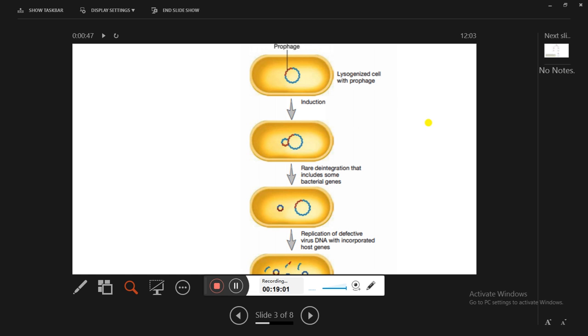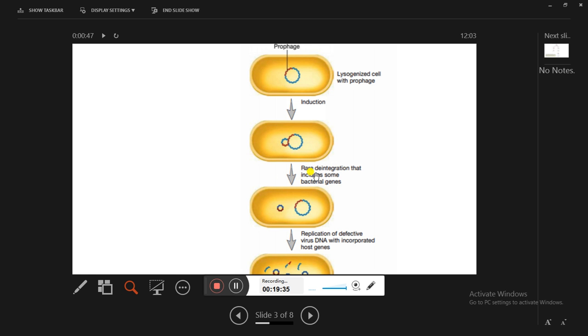So at the time of excision, this prophage excises with some of the region of bacterial genome. Here the prophage has taken up bacterial genome, and the bacteriophage's prophage genome has either the galactose or biotin utilization genes. Rare disintegration, meaning excision of the phage genome from the bacterial genome, is known as disintegration.